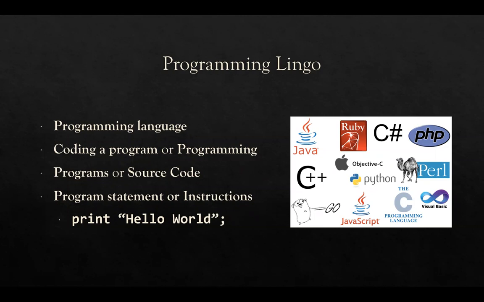I'm going to add a term here the book does not introduce, program statement. A program statement refers to a line of code. An example of a line of code could be something like the statement in C# shown here, print hello world.